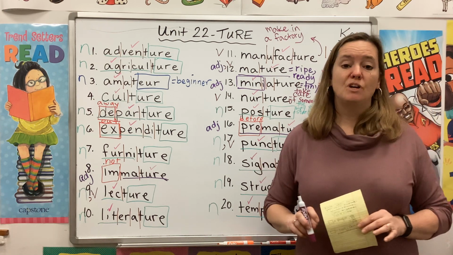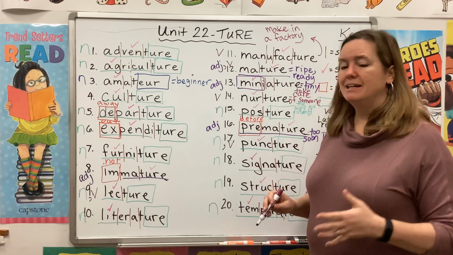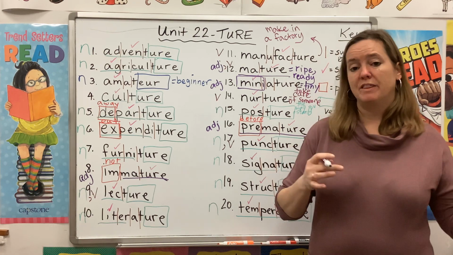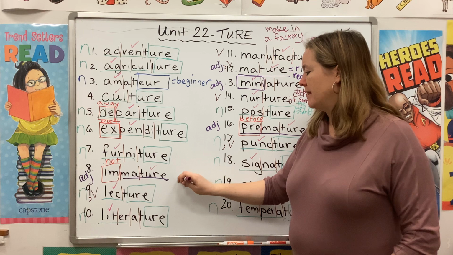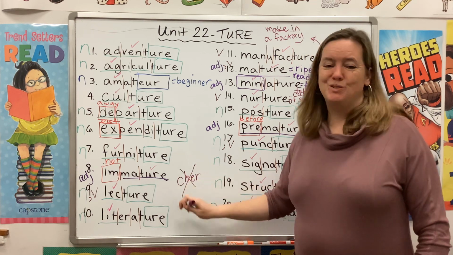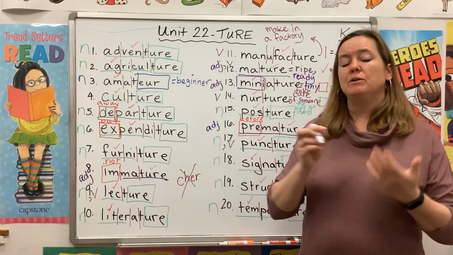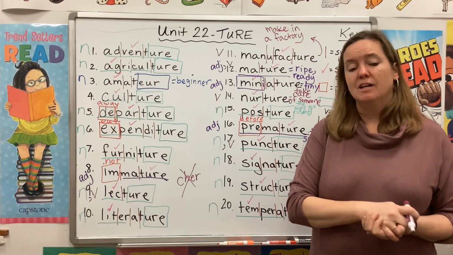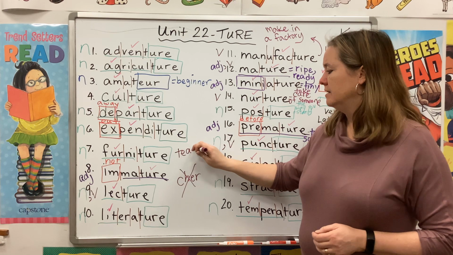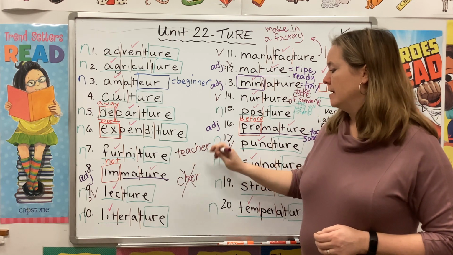Okay, so couple quick things I want to talk about. The biggest mistake I see kids make is when they're trying to spell a word that ends with cher, they try to spell that chunk C-H-E-R. Don't do that. The only time you're going to see C-H-E-R is when you take a word that already ends with ch and you add ER to it. So a teacher is a person who teaches, right?